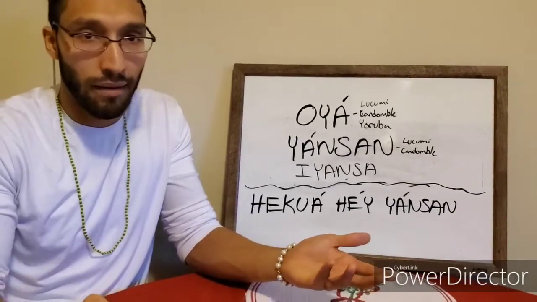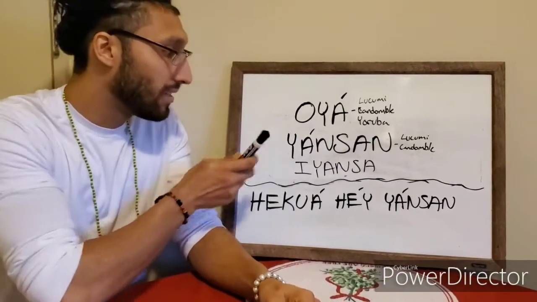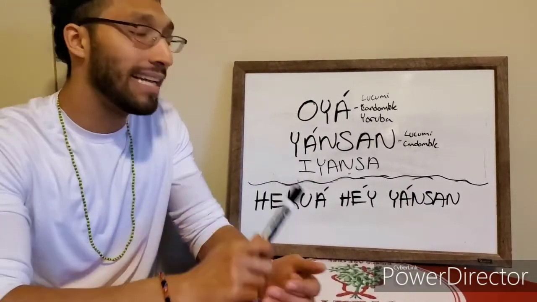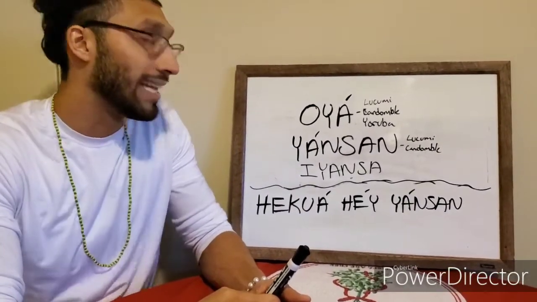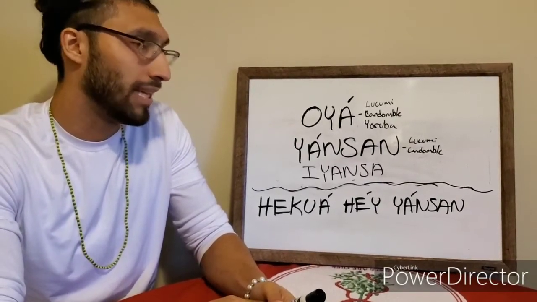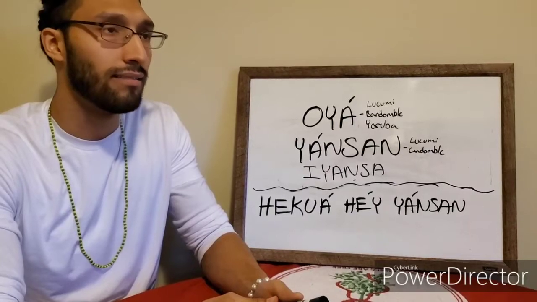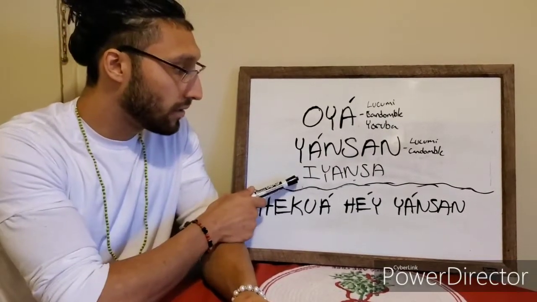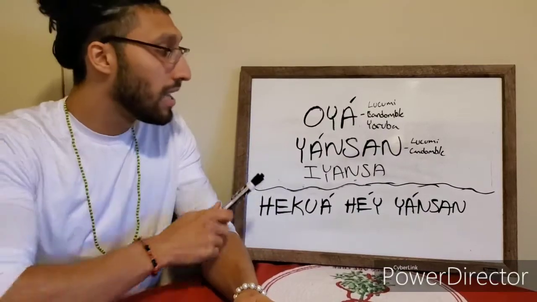I'm no professor. So Oya, Yansan. The emphasis is on the first A. Yansan, Yansa, Yansan. Emphasis on the first A. And then a different way to spell it. The proper way is this way.